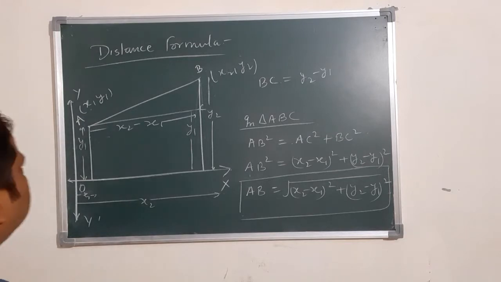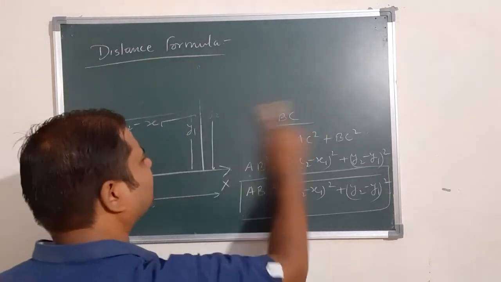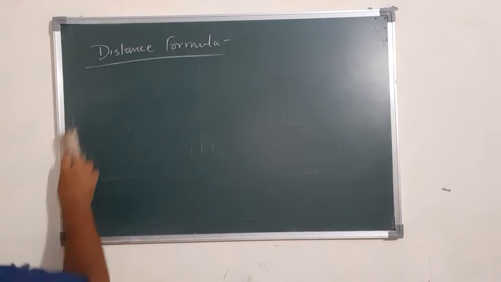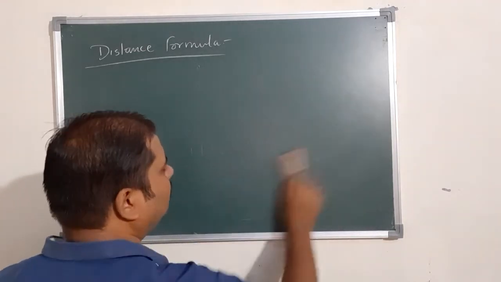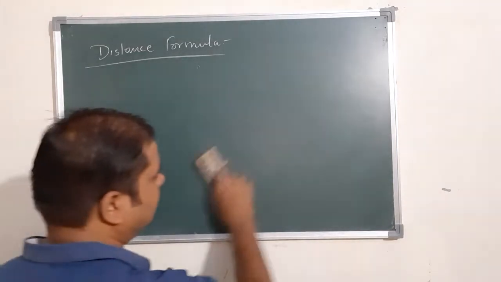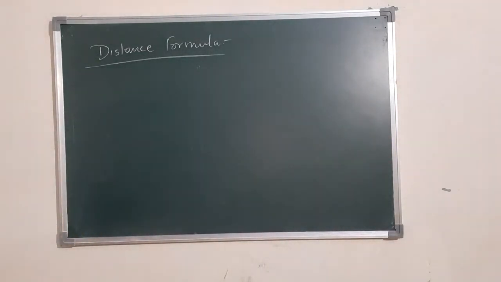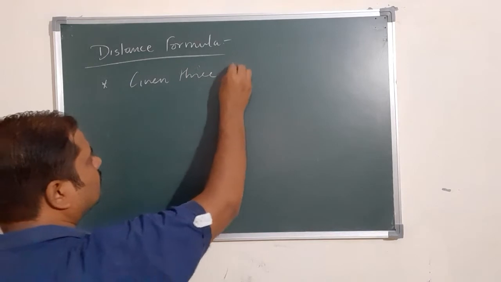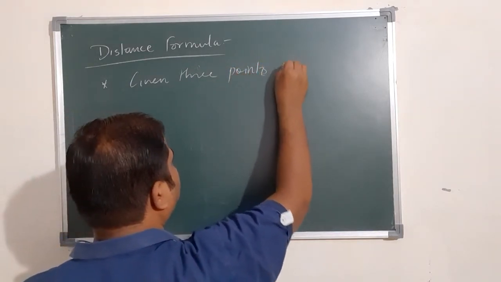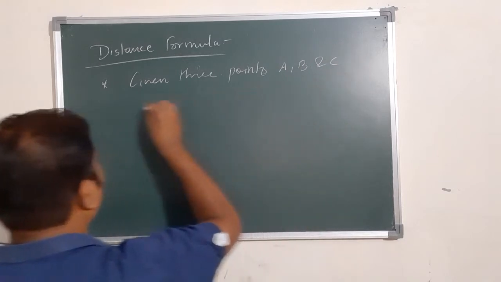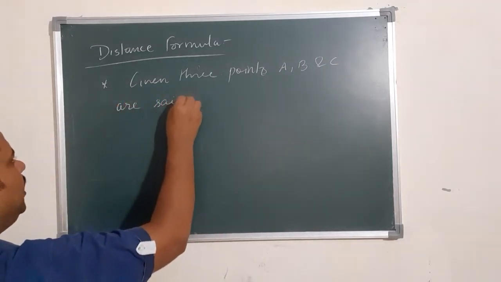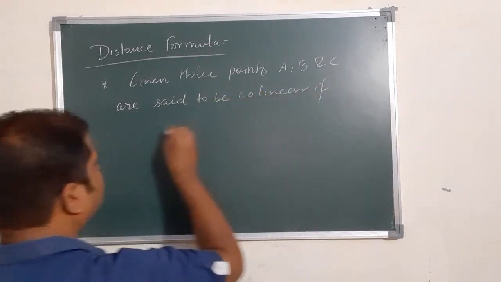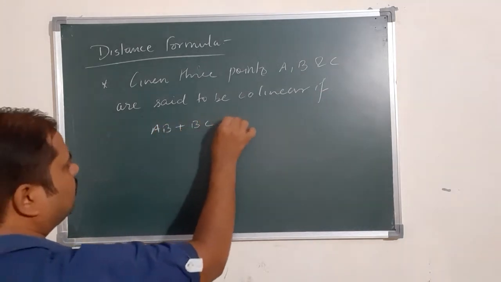Okay, I hope you completed. So first of all, a remark is there. The given 3 points A, B, C are said to be collinear if AB plus BC is equal to AC.